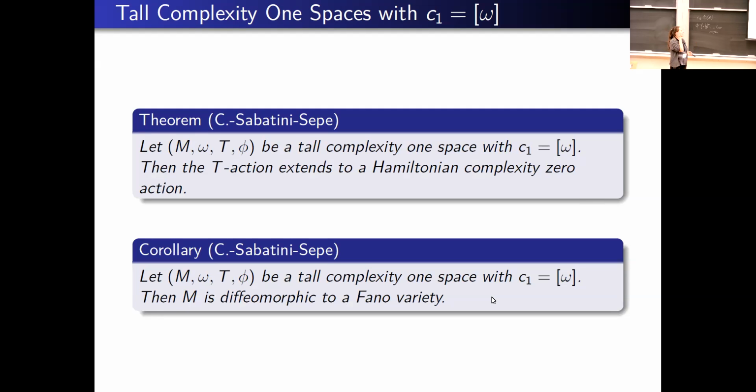And so as a corollary, because we know the complexity 0 case, whenever we have a Tor complexity 1 space which satisfies that the first Chern class is equal to the class given by the symplectic form, then M must be diffeomorphic to a Fano variety. Okay. And so this is the classification for the Tor spaces.